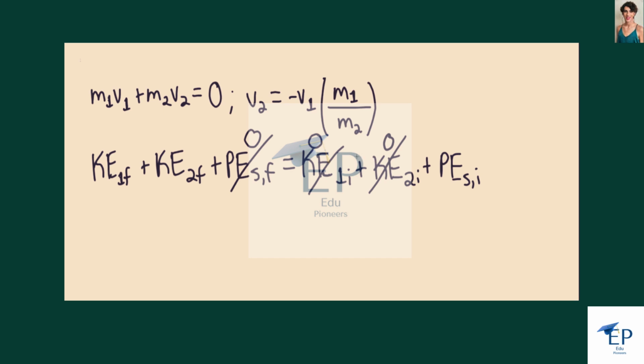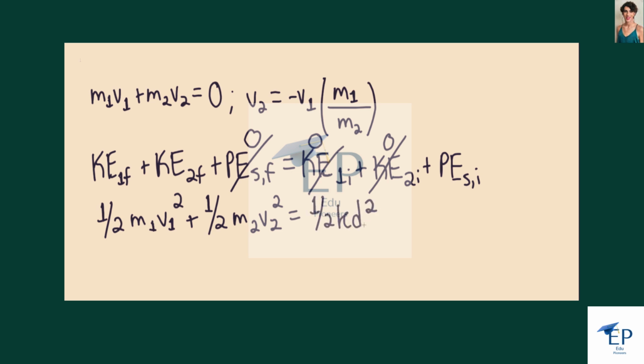And so we can then substitute and say 1/2 m sub 1 v sub 1 squared plus 1/2 m sub 2 v sub 2 squared equaling 1/2 times k, the spring constant, times d squared, d being the compression of the spring.